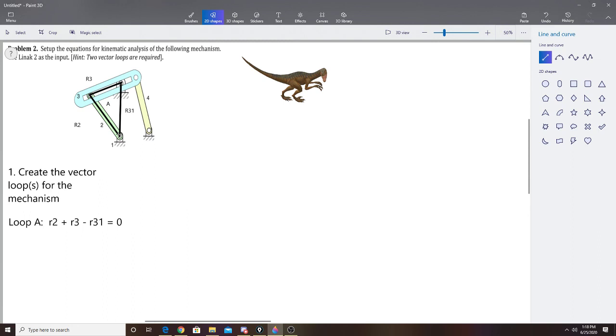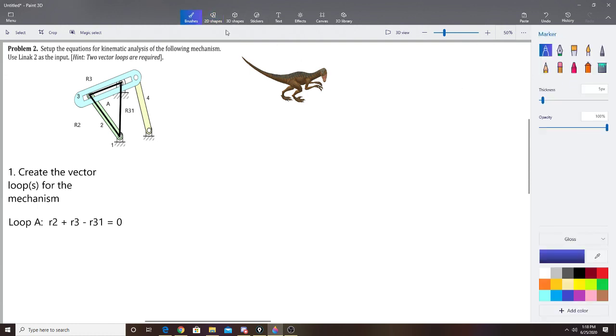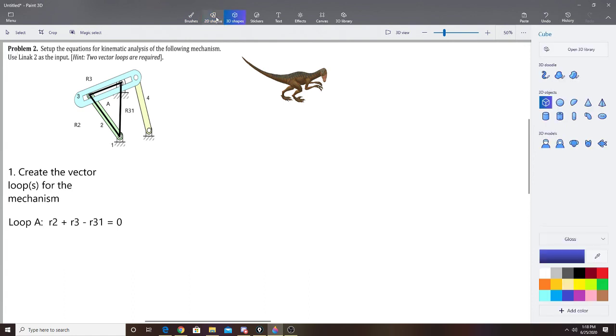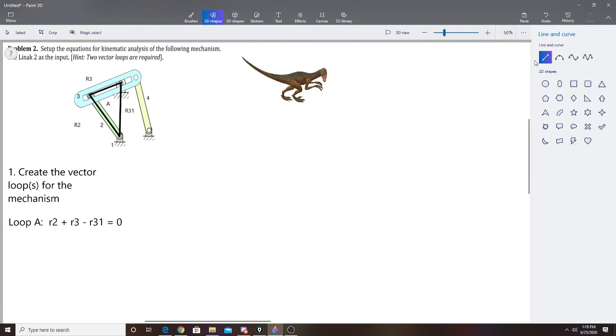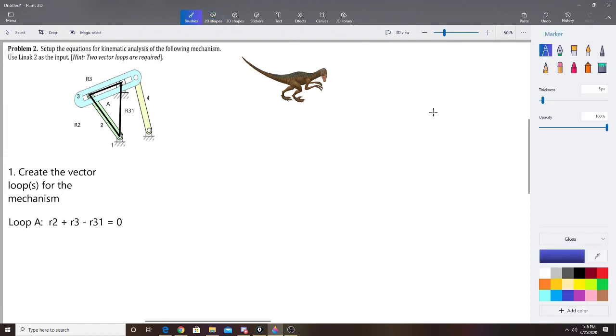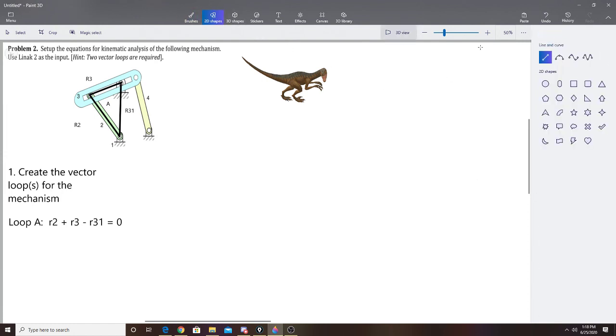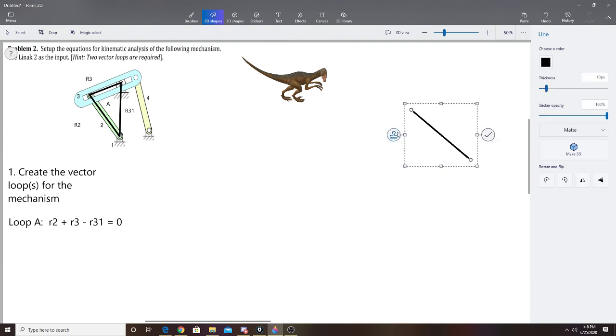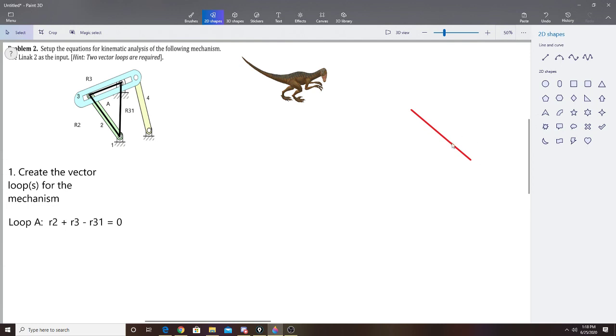So the input for here is, let me change the color if I can. Anyway, what about the next part?